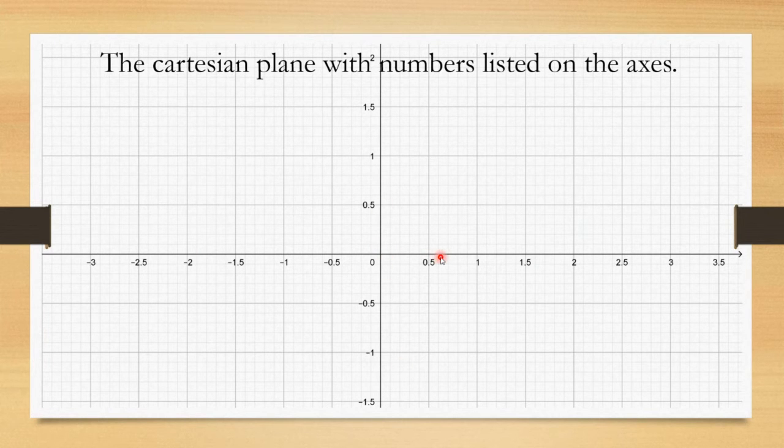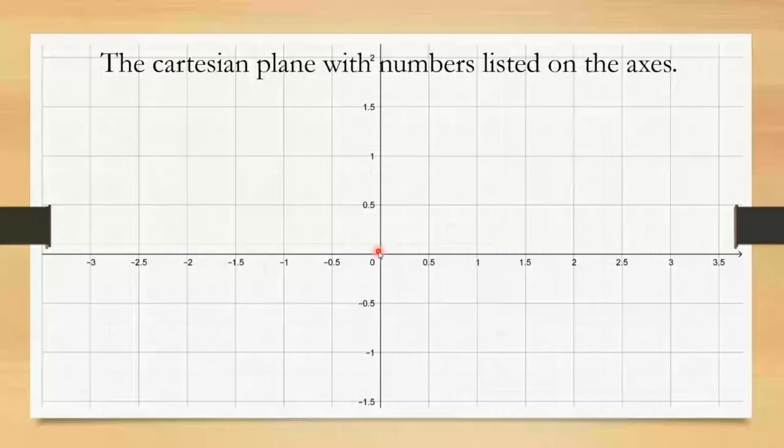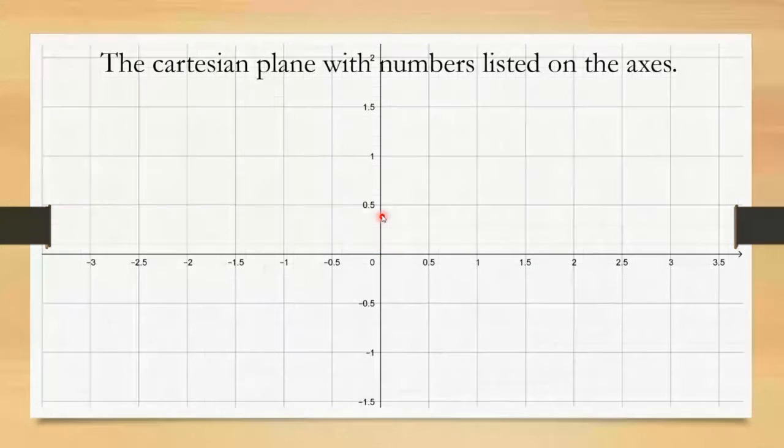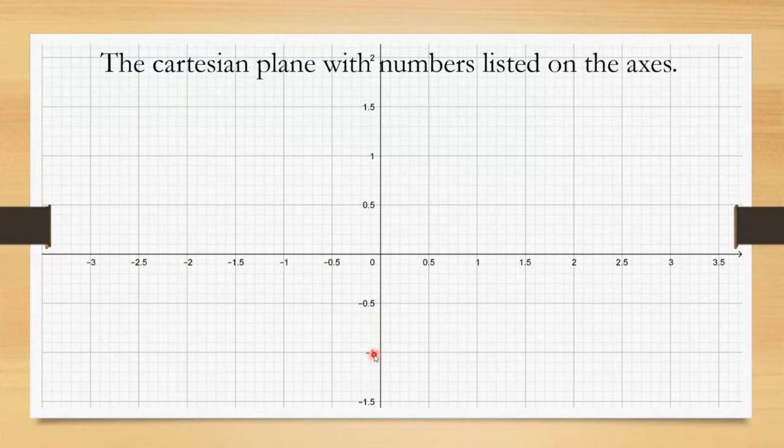Remember, to the right the numbers are positive, to the left the numbers are negative. For the vertical axis though, instead of going right or left, you're going up, you get positive numbers. Going down, you get negative numbers.